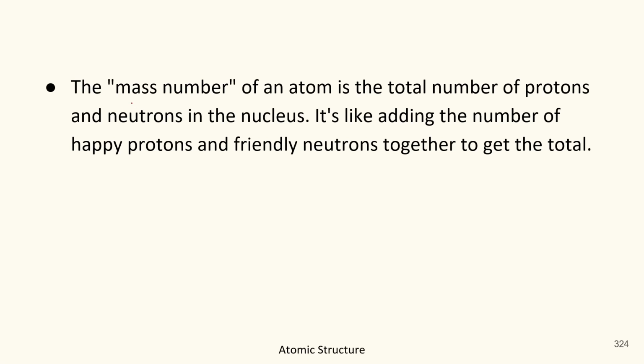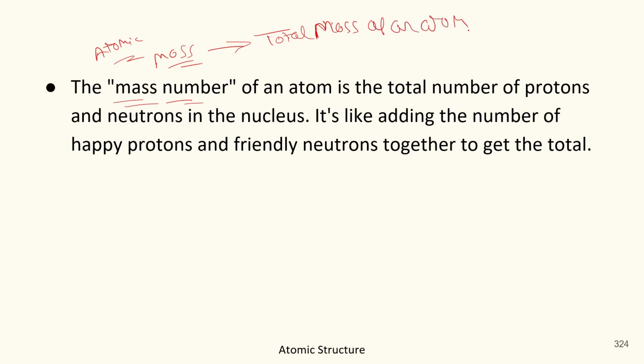The second term is mass number, which is also known as atomic mass. Atomic mass basically stands for the total mass of an atom, or you can say including both proton and neutron of the nucleus.